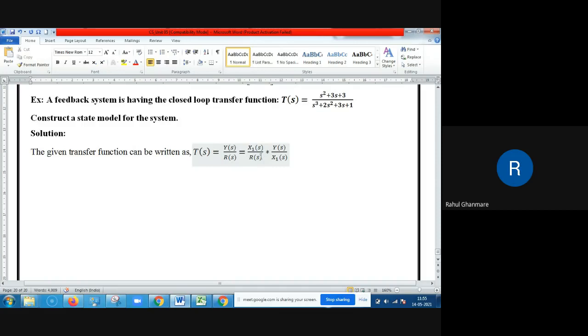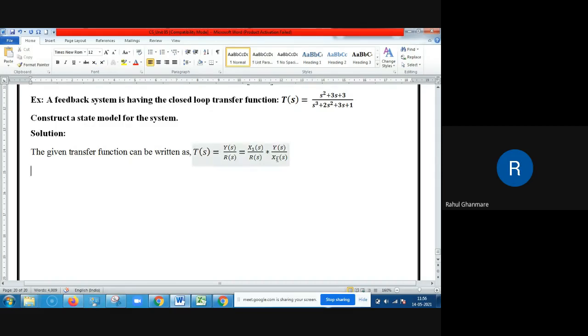We can split this transfer function in such a way that it is X1 of S upon R of S into Y of S upon X1 of S. So we have this kind of system with us.